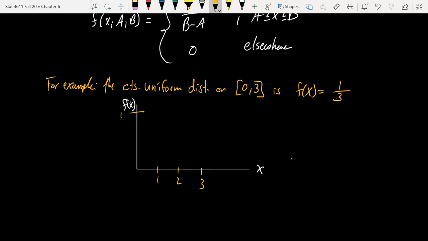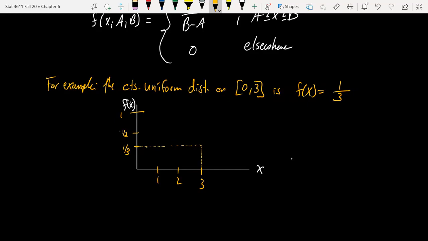So if this is 1, maybe here's a half. So then a third is about right here, roughly. Essentially it takes on this height right there, and that is our distribution.